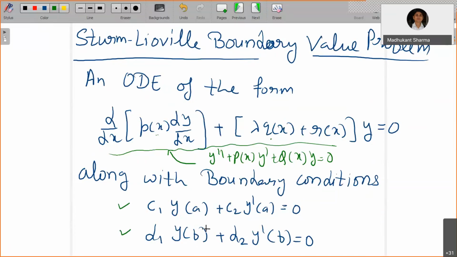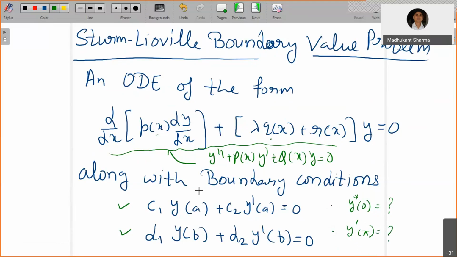As already mentioned, suppose y at 0 is given and y at pi is given, meaning you are investigating over the interval 0 to pi. Maybe y' at 0 and y at pi will be given, or y at 0 and y' at pi, or a linear combination of y at 0 and y' at 0, y at pi and y' at pi. So there are various forms of boundary conditions.